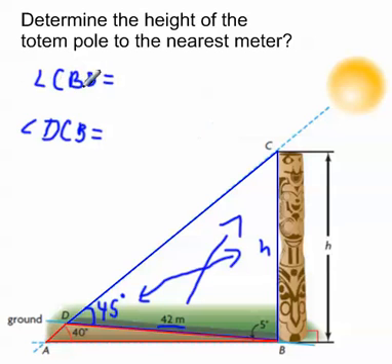So we have CBD. CBD is this angle right here. Now we're told earlier that the totem pole is standing straight up, which means it makes an angle of 90 degrees with the horizontal. And we're told that this angle right here is 5. So quite simply, we can find out what that angle is by subtracting 5 from 90.